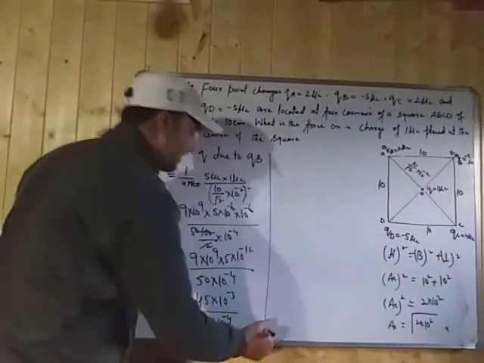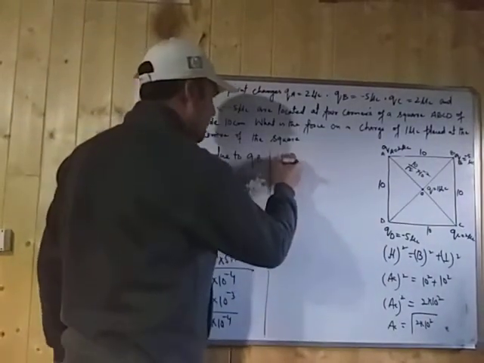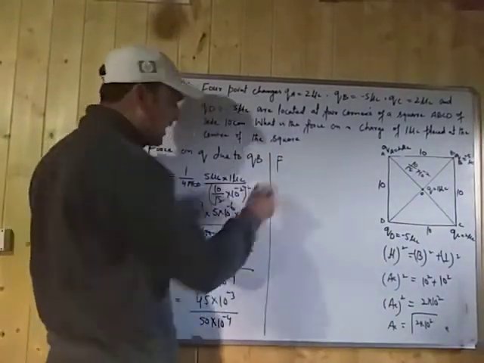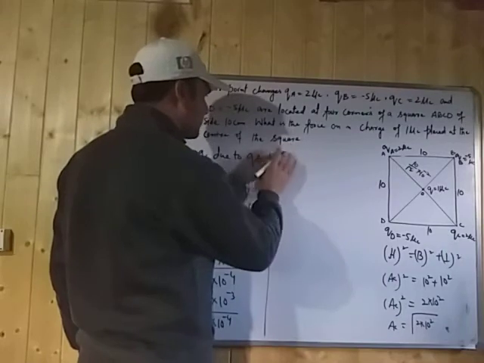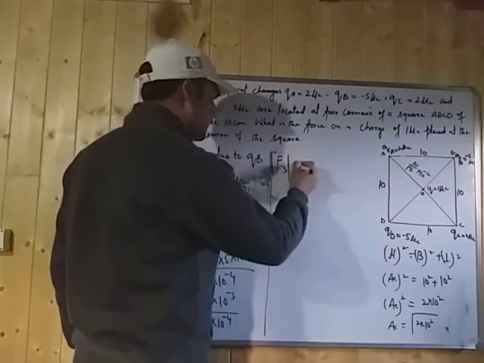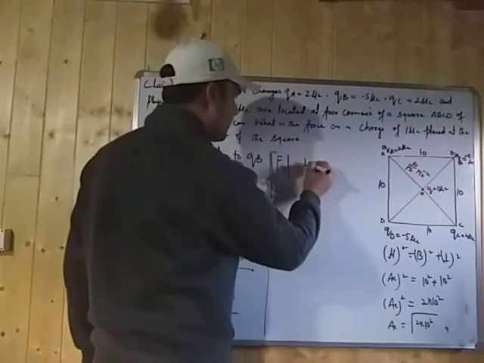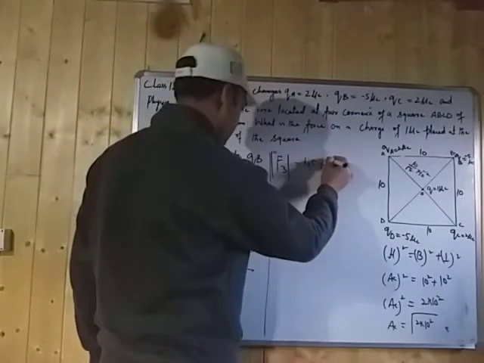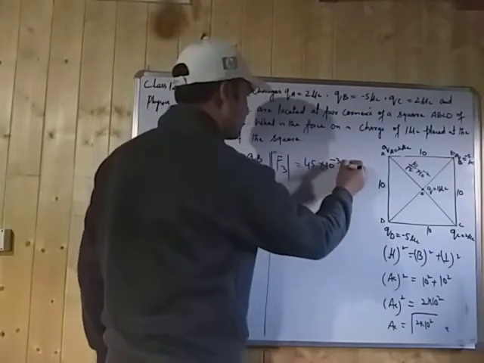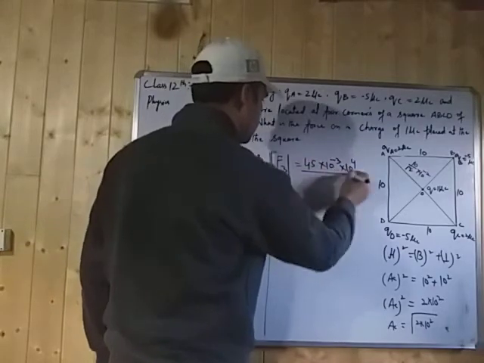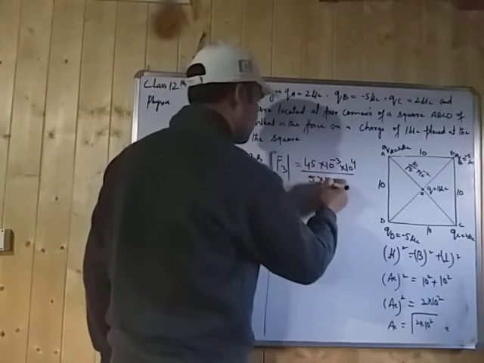Or we can write the magnitude of force F3 is equal to 45 into 10 raised to power minus 3 divided by 50 into 10 raised to power minus 4. Or we can write it as 45 into 10 raised to power minus 3 into 10 raised to power 4, divided by 5 into 10.